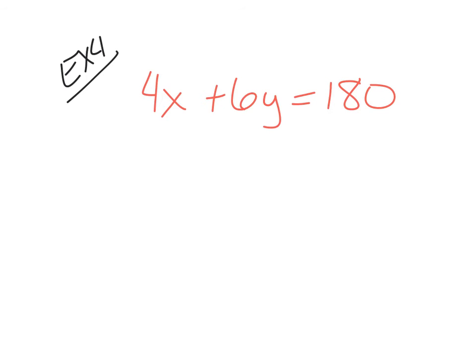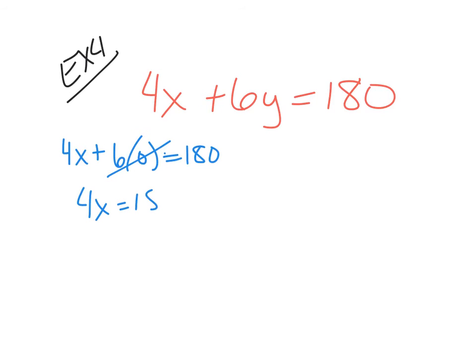So, to find the x-intercept, what's my first step? Put 6 times 0. 6 times 0 equals 180. So that's canceled. I get 4x equals 180. Divide by 4 and you get what? 180 divided by 4? 45.